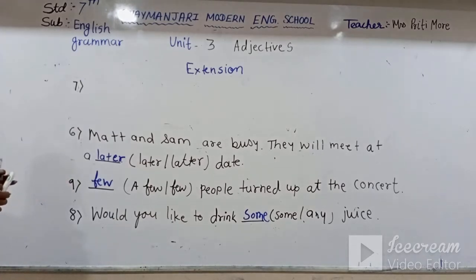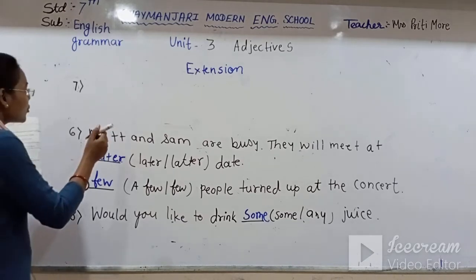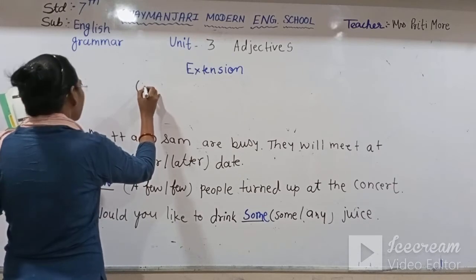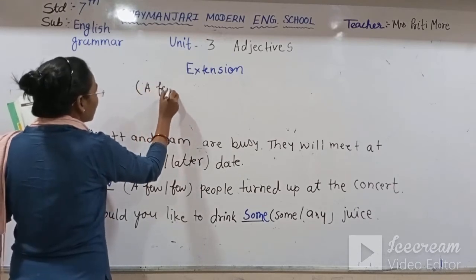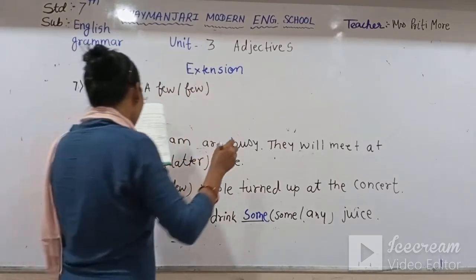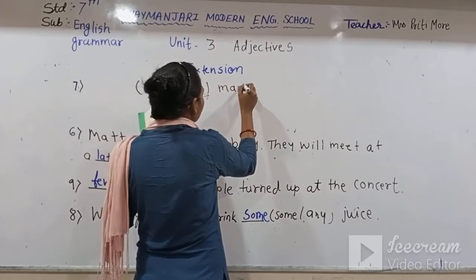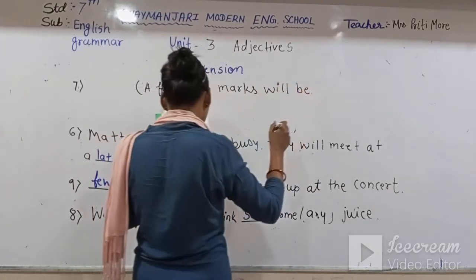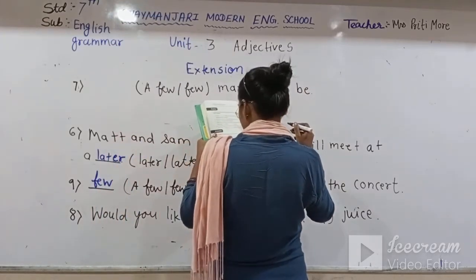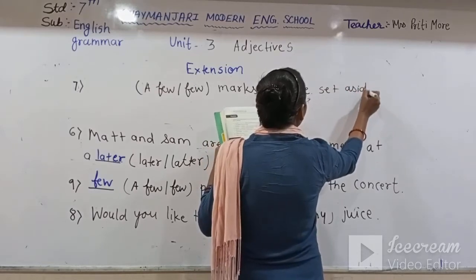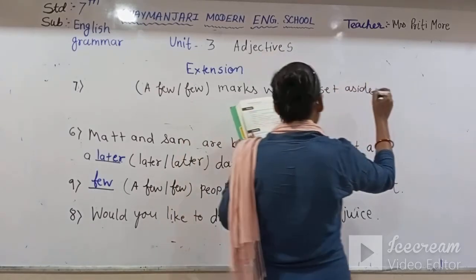9th one is completed. There are also 2 options, that's why I was confused. A few and few marks will be set aside for speaking skill.